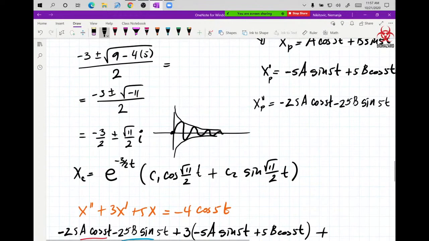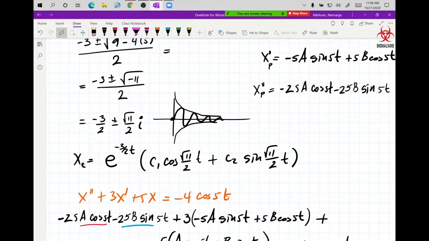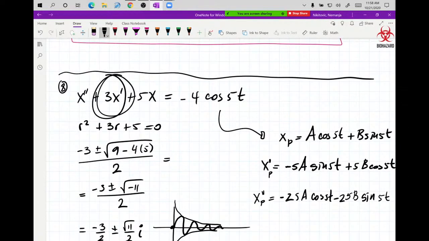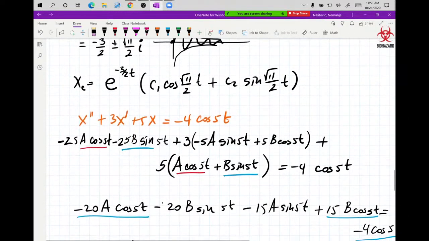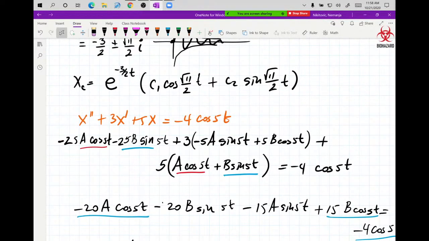Now, when you have the single derivative term, that means you are stuck with either undetermined coefficients or variation of parameters. That depends on what you have.